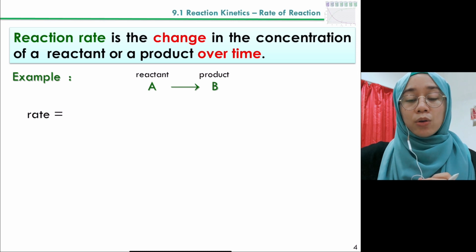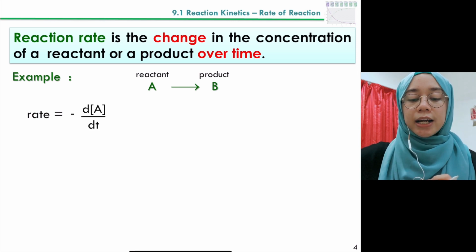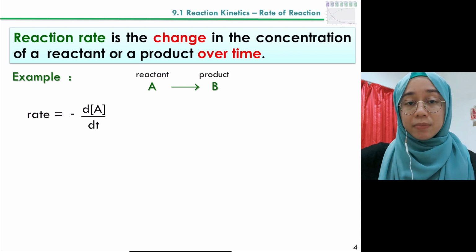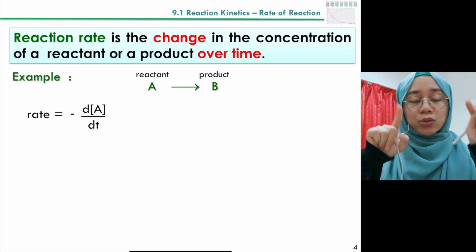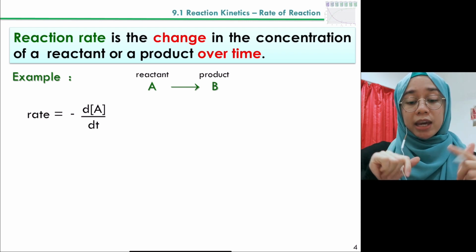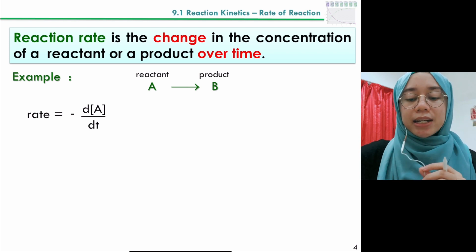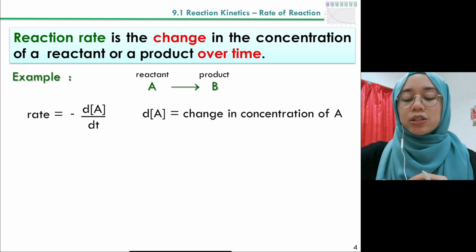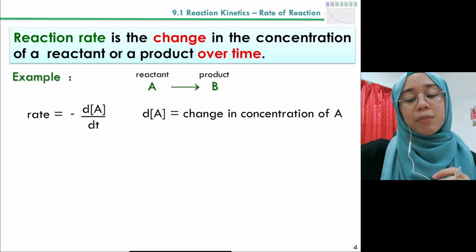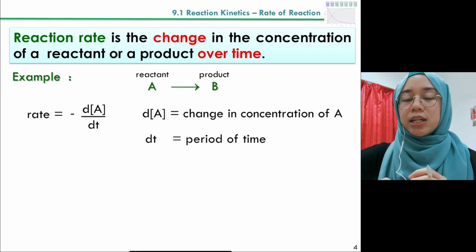So rate untuk A, kita akan tulis adalah -d[A]/dt, where t dekat situ adalah time, and square bracket A bermaksud concentration of A, d tu pula adalah difference. Ada negative sign kat situ, nanti kita tengok apa benda tu. So basically d[A] is change in concentration of A, meanwhile dt pula adalah change in time.